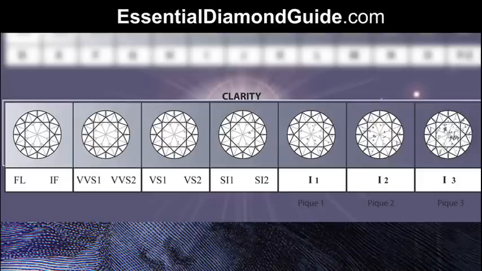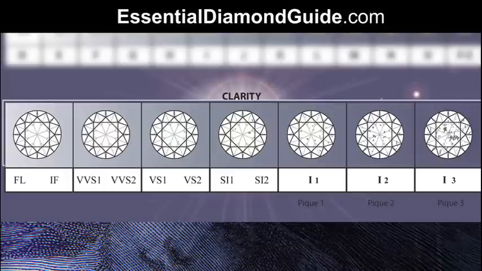They look like tiny little scratches or marks within the stone. If the flaws reach the surface of the stone, then the stone is classified as included, or at least I1. It may be below that, I2 or I3. I is also sometimes called PK, just a different terminology for the same thing.